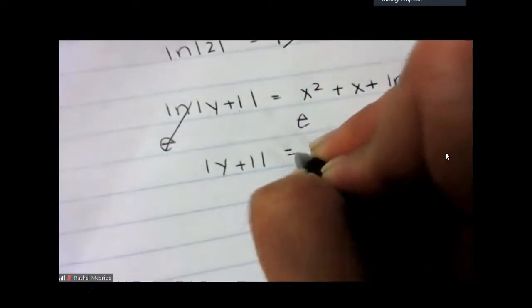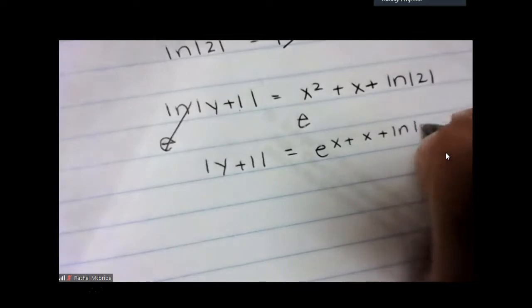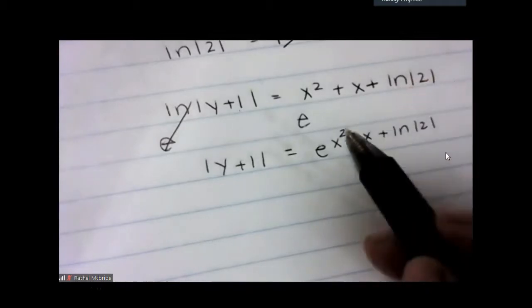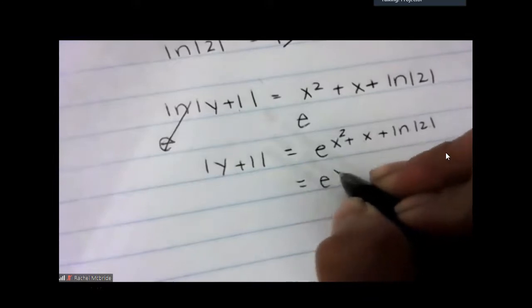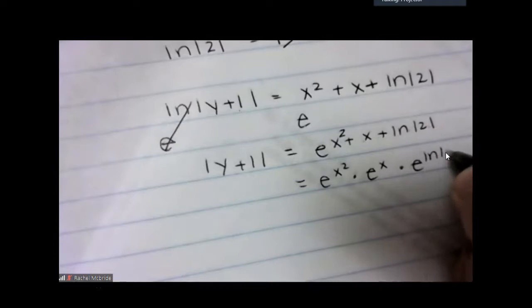So to solve for y, you have to e both sides. So here the e and the ln cancel, leaving you with the absolute value of y plus 1. And here you have e to the x squared plus x plus ln 2. But anytime you have e with things being added together, that is the equivalent of all of those being multiplied.